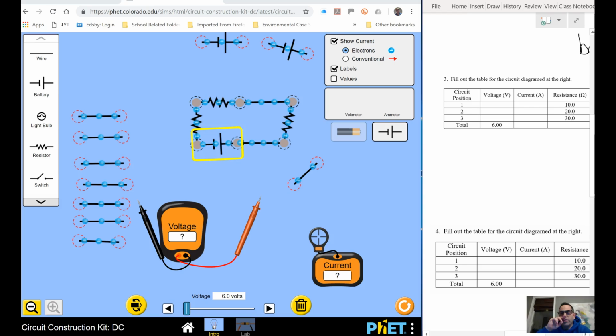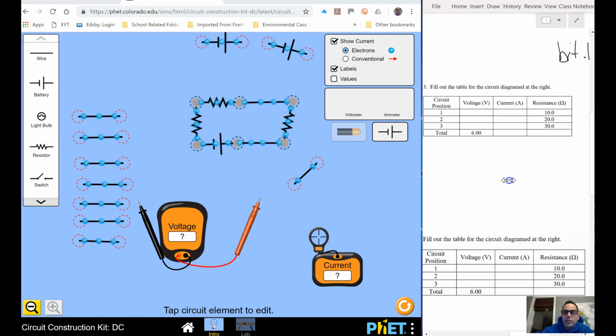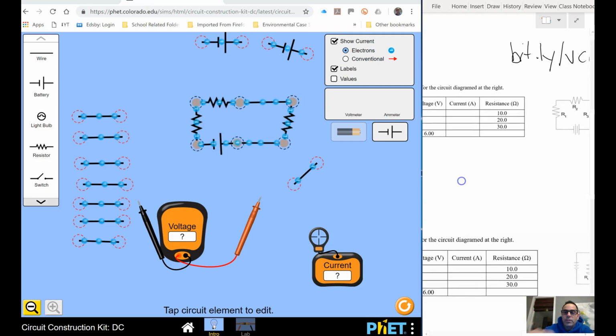So the voltage coming out of the battery, which would be the total voltage, would be 6 volts. Now what I want to determine is my voltage drop across each resistor. I know what the resistances are, and one of the things in terms of finding total resistance using Kirchhoff's rules is that my total resistance will be equal to R1 plus R2 plus R3.